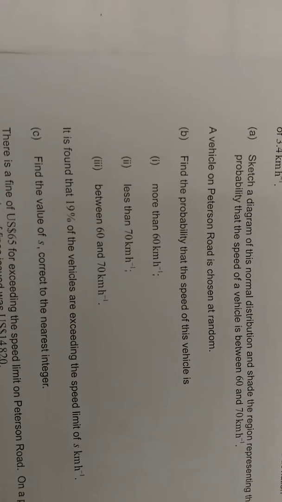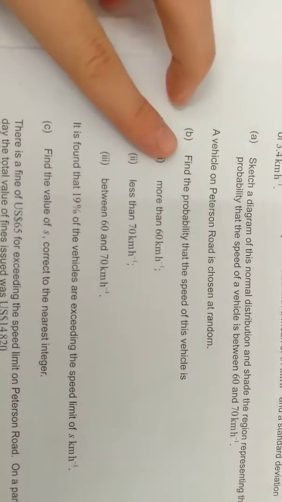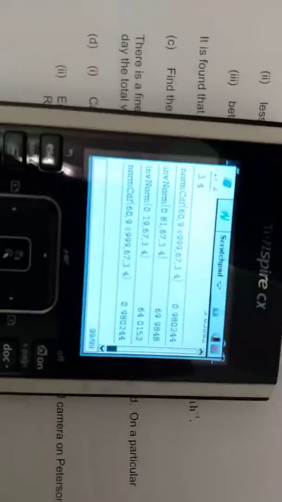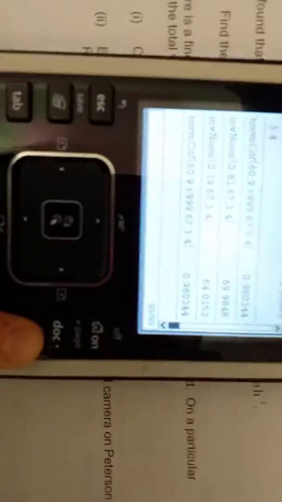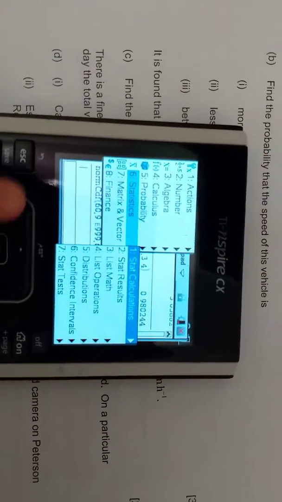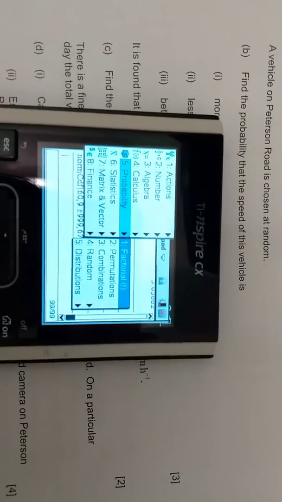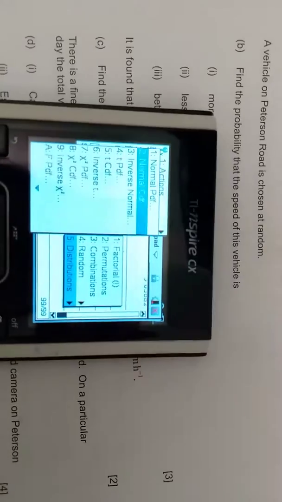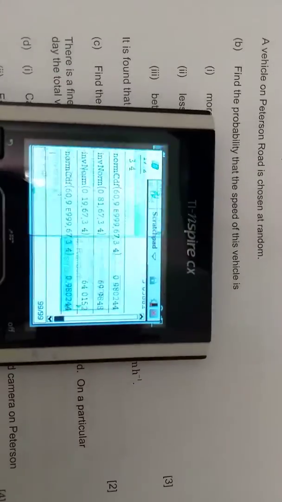Moving on to the second question. Find the probability that the speed of this vehicle is more than 60 kilometers. So we could use the normal distribution curve, but it would be easier to use the GDC. What we do is we go on menu, 5, distributions, which is 5.2, and normal CDF.